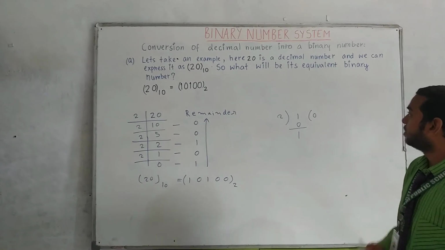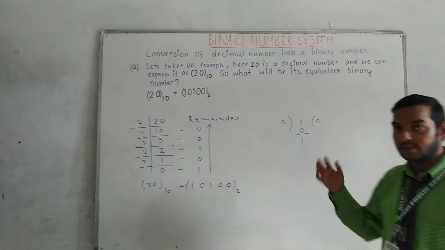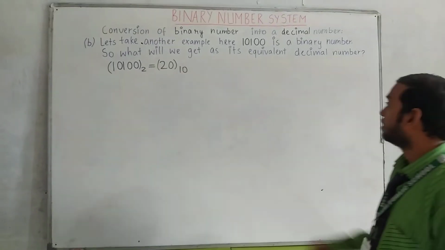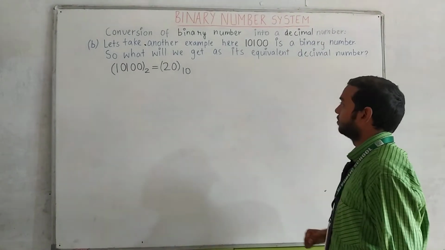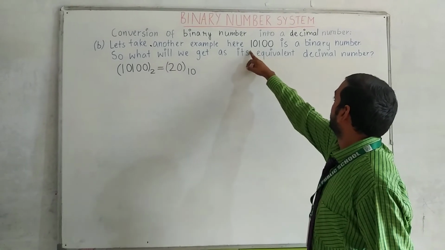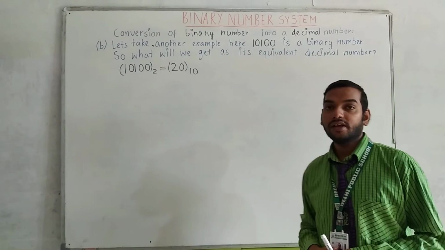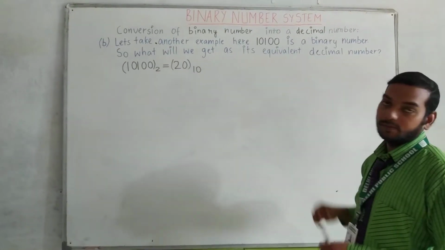Now we are going to convert a binary number into a decimal number. Conversion of a binary number into a decimal number. Let's take an example: 10100. It is a binary number and we have to find its equivalent decimal number.